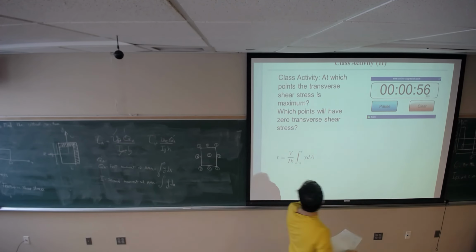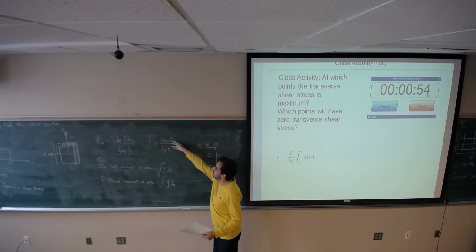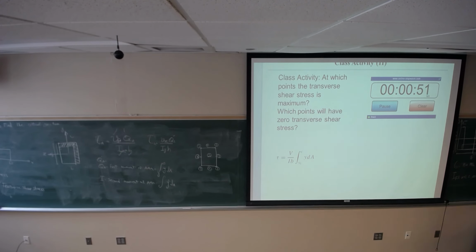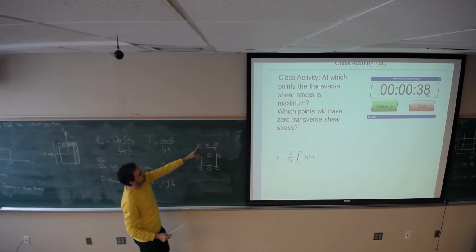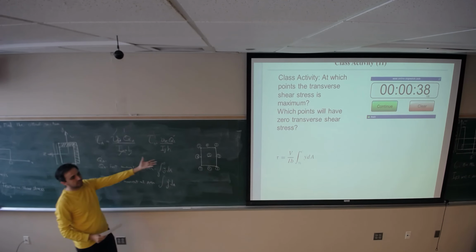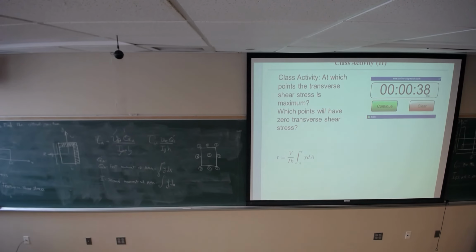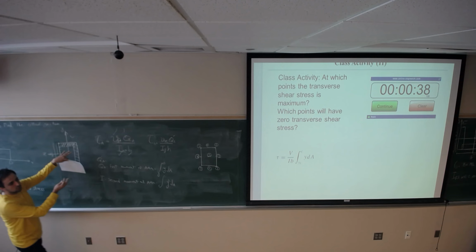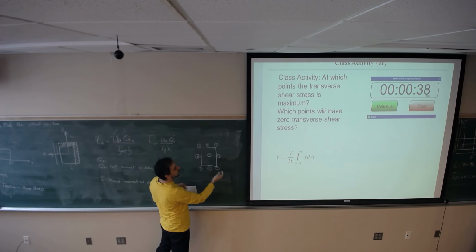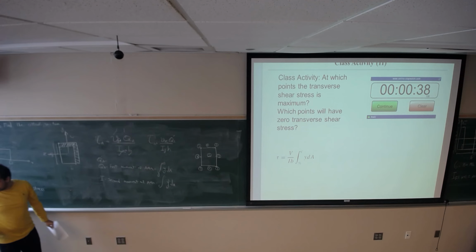Based on what I explained here, which point is going to see the maximum shear stress, and which point is going to see zero? It's under shear force, something like this, so it's making transverse shear. Now I would like to know which point is going to see the maximum shear stress, and which point is going to see zero shear stress. If I ask you which point is going to see the maximum bending moment, you know where it is, but this is transverse shear.